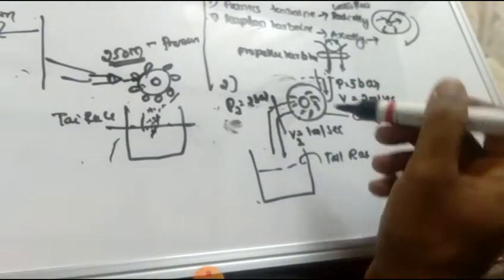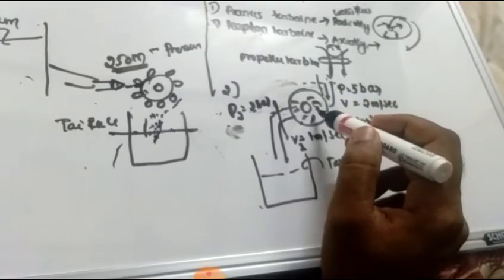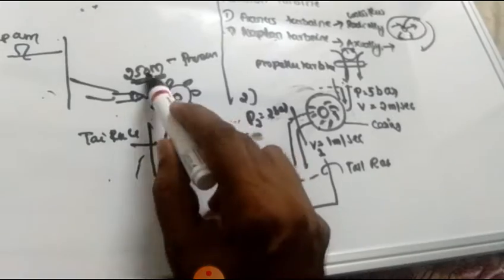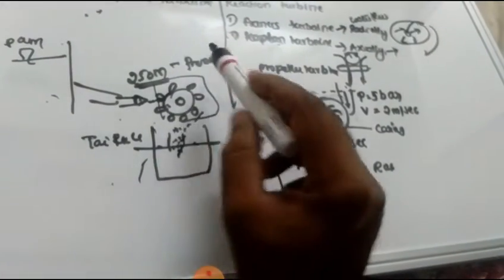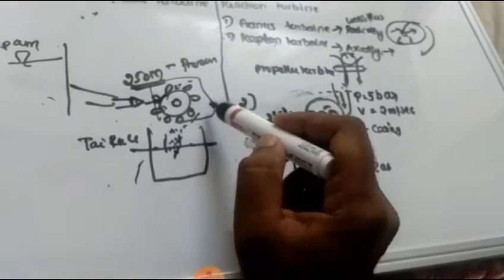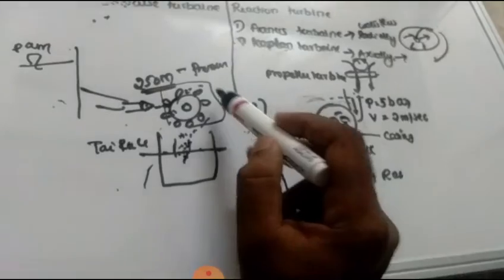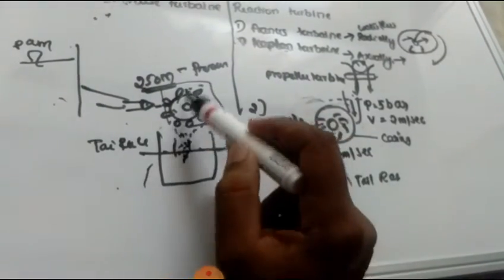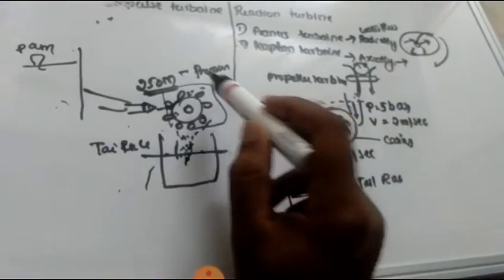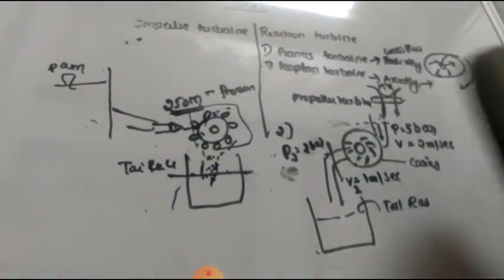Here the pressure and velocity are maintained. Sometimes a casing is provided because water may splash out, and if a casing is provided the water will not splash out. So for that reason a casing is sometimes provided for the impulse turbine.